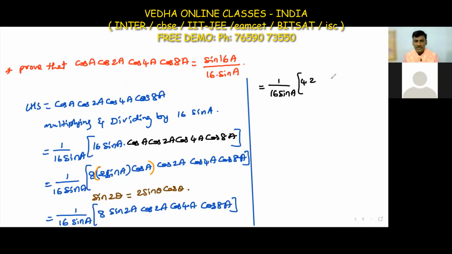The remaining are sin 2A and cos 2A, and cos 4A and cos 8A.